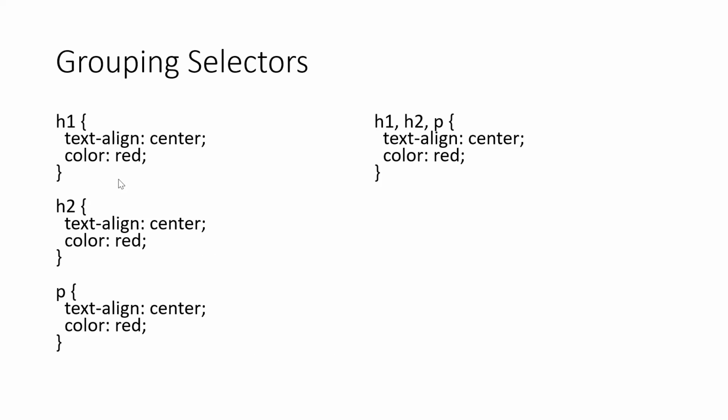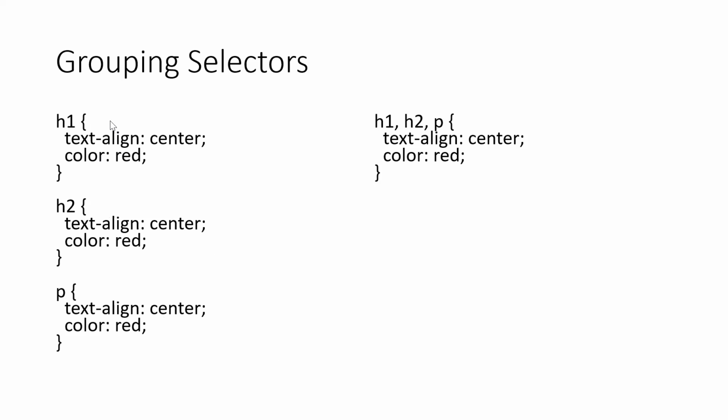The next one is like if you're applying the same style again and again. Now look at this example where we have H1, we have text align center with color red, and H2 also center aligned and color red. Paragraph also center aligned and color red, which means we can combine these three.